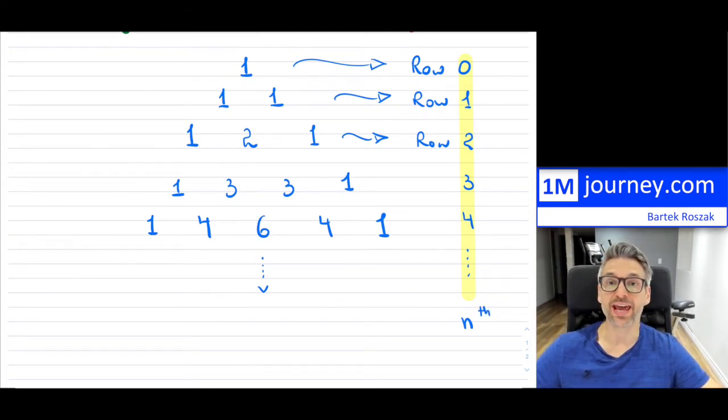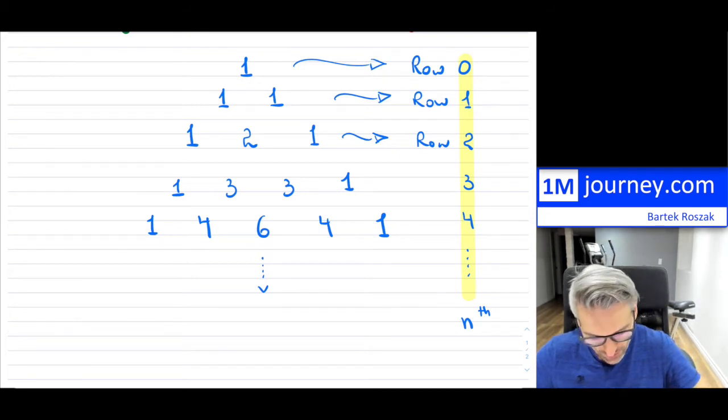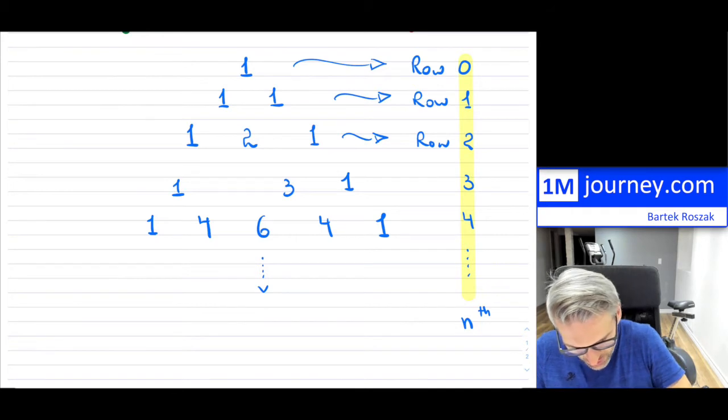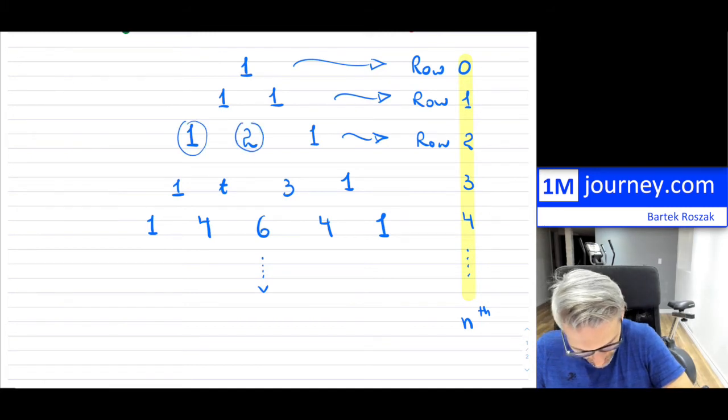Now, each entry that we have, it's kind of interesting, we can figure out what each entry is. So for instance, right here, this entry itself is the term that came from the addition of these two terms right here.